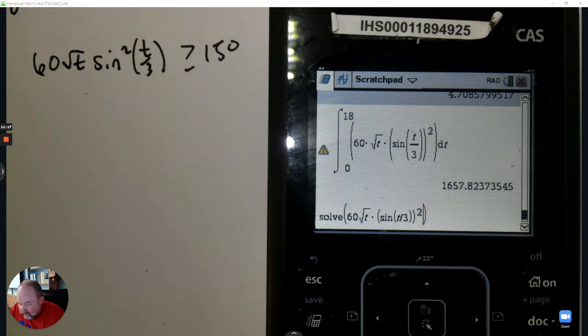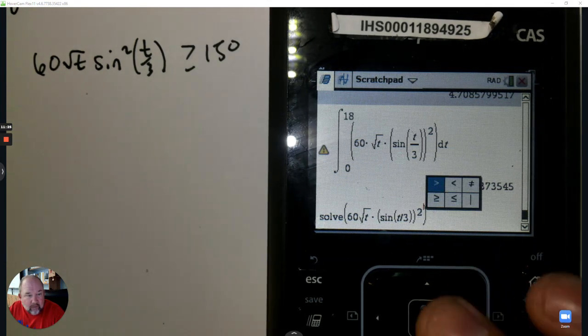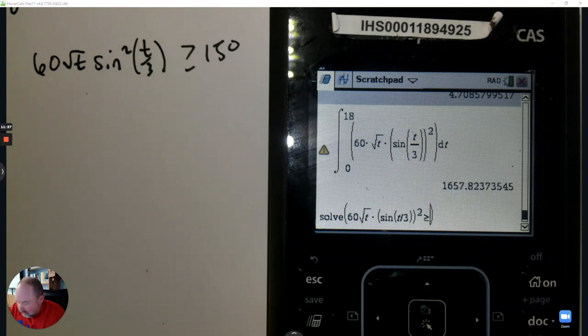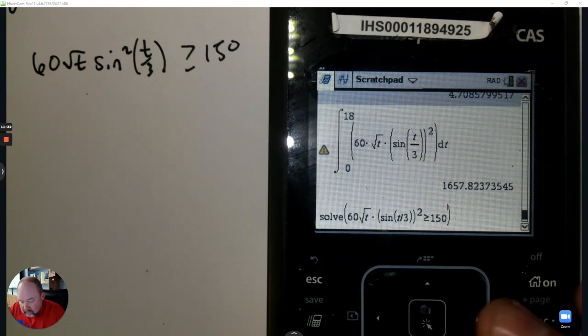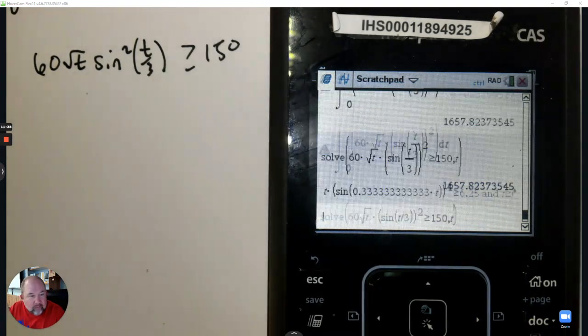And then greater than or equal to. Go control, equals, and then you have greater than or equal to, and it's 150. Then we're going to go comma t, and then let it do its thing.